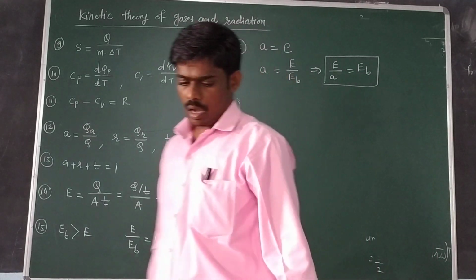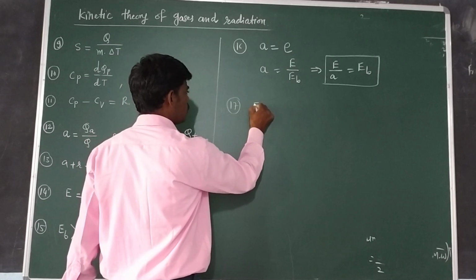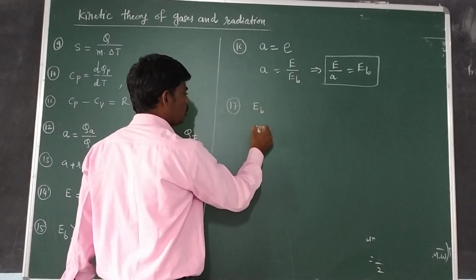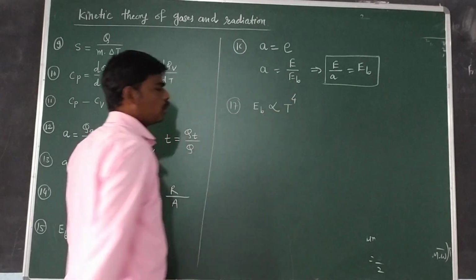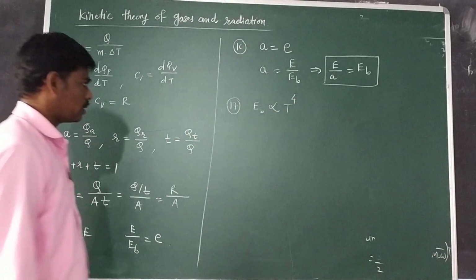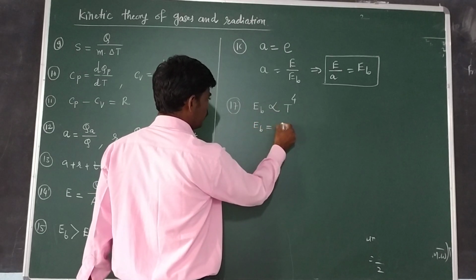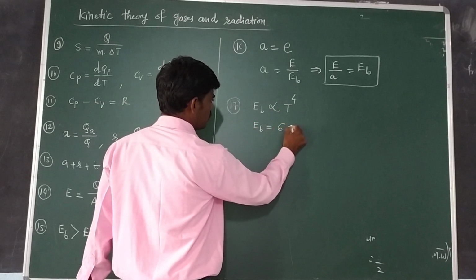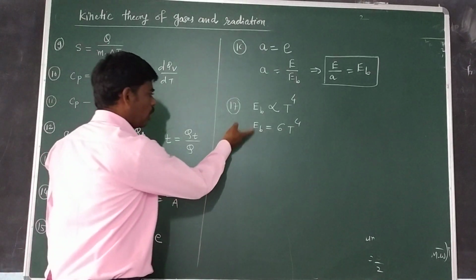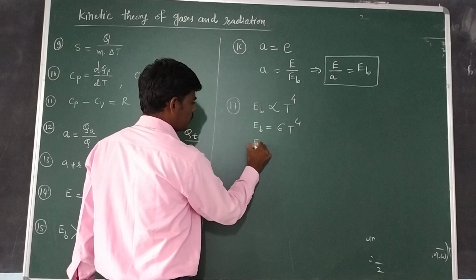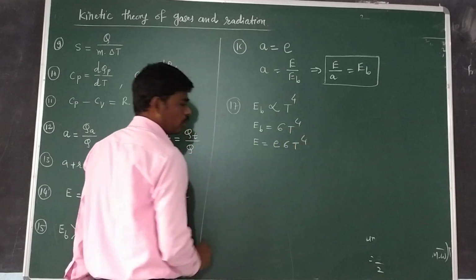Then another important law is Stefan's law of radiation. According to Stefan's law, emissive power of black body is directly proportional to the fourth power of its absolute temperature. So we can give here a constant, which is called Stefan's constant. So for an ordinary body it becomes E is equal to small e sigma T raised to power 4.